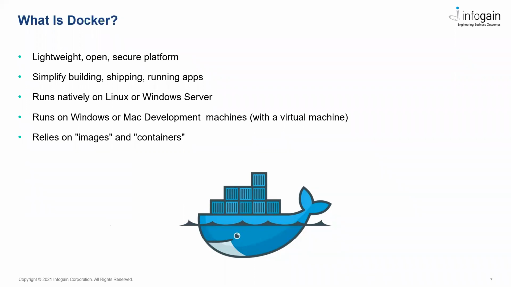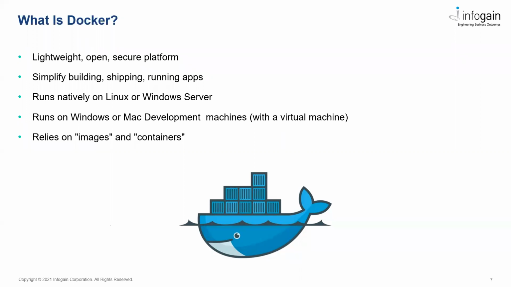Is it clear? And what can we do with Docker as a product? This product helps me to build containers, to ship containers, and to run containers. When you say I want to create a Docker image, what does it mean? You are saying I want to build containers. When I say shipping, shipping means you are pushing your Docker image to the repository.